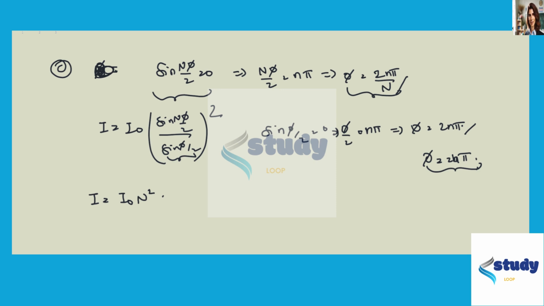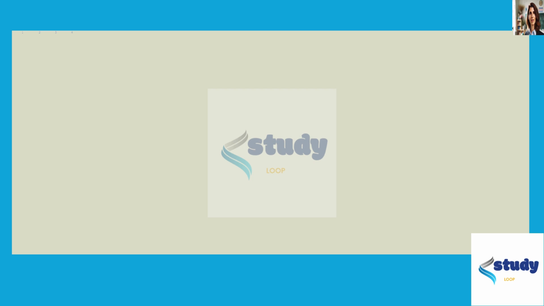Now, for the fourth part, which is D, we know that phi is equal to 2m pi by n, except for those that are of the form 2m pi. So let's take a case and count. For m equal to 0, we have 0. Then we have 2 pi by n, 4 pi by n, and so on until 2n pi by n, which will be 2 pi.